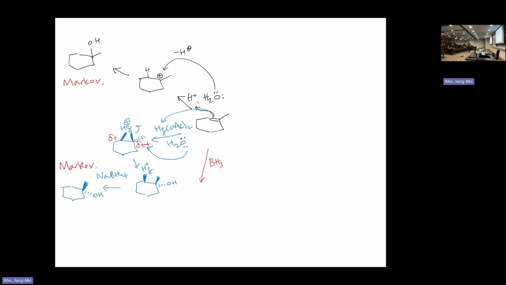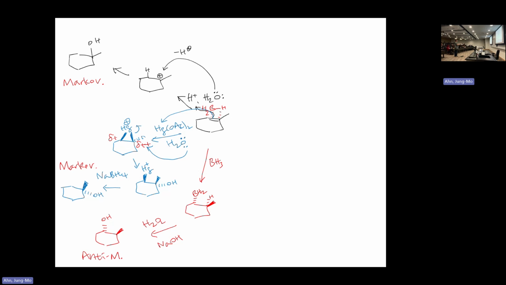There's another way of adding water, which is hydroboration. You are adding boron, BH3. It adds across the molecule. Hydrogen and boron will be added on the same side, but the hydrogen on the more substituted carbon, boron on the less substituted carbon, and then the boron will be replaced by OH in the second step, which is an oxidative workup, hydrogen peroxide and sodium hydroxide.